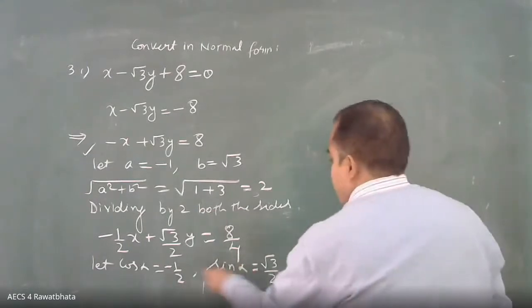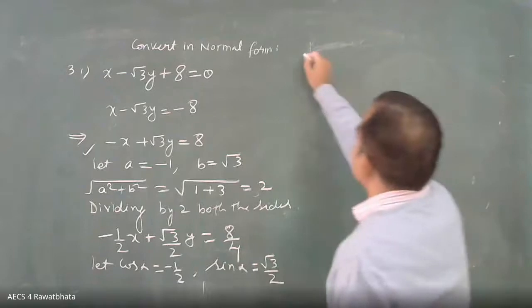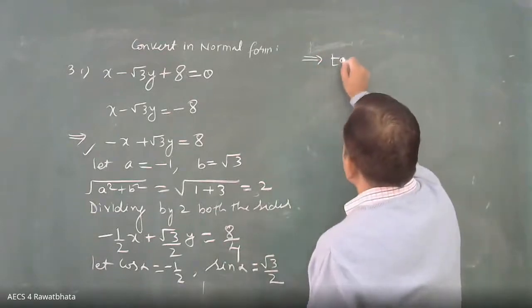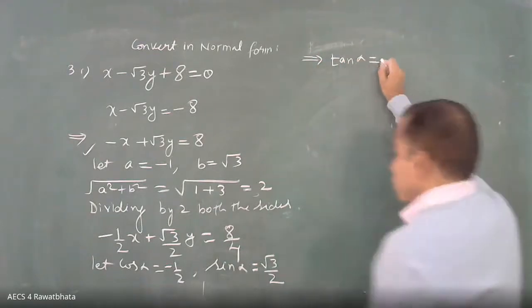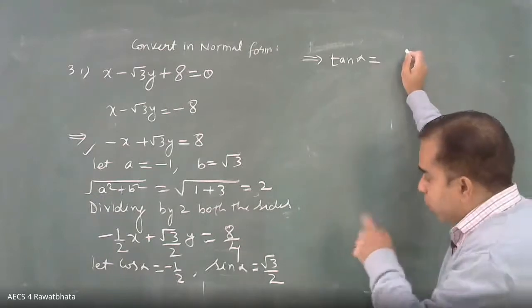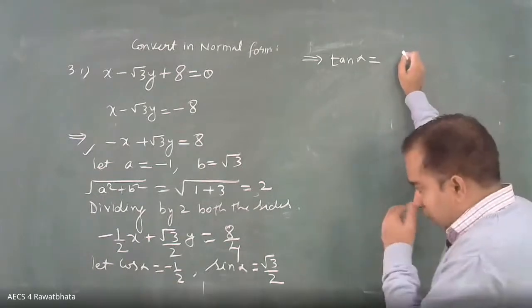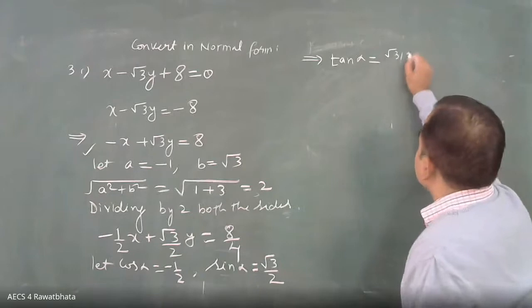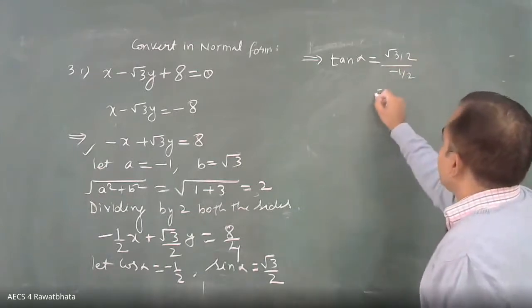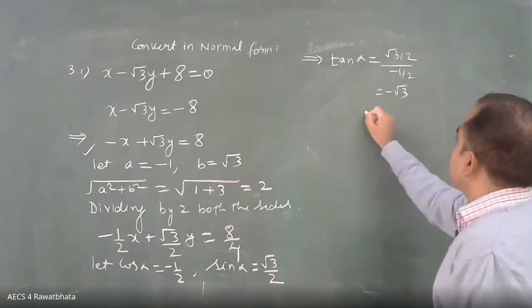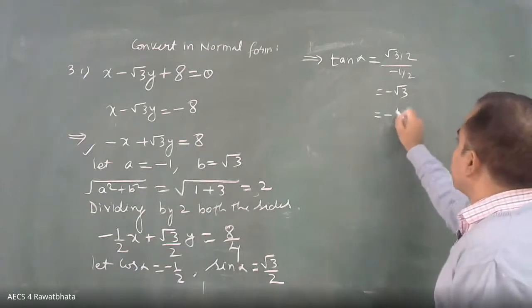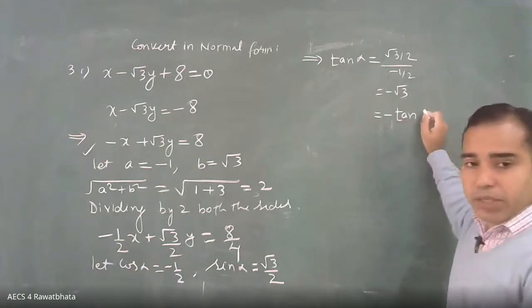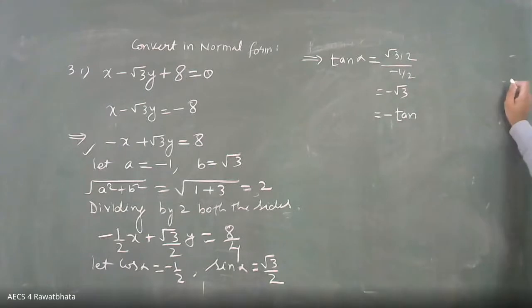Alpha, we have to merge them. Merge means divide them. So if you divide, it will give you tan alpha equal to how much? Sin alpha upon cos alpha, root 3 by 2 upon minus half, which will be minus root 3. So minus root 3 means tan of how much? Pi by 3, 60 degree.